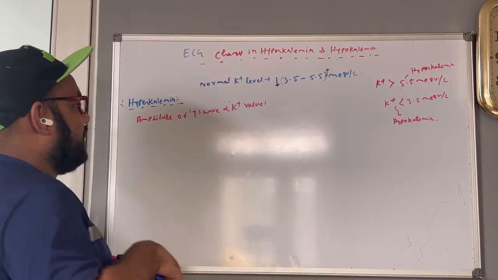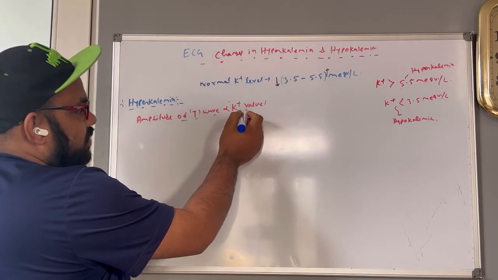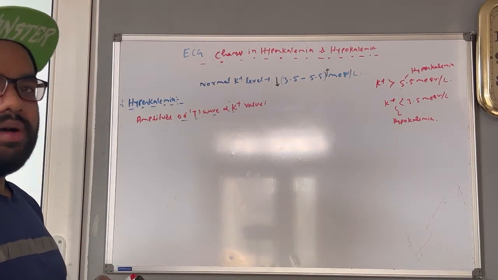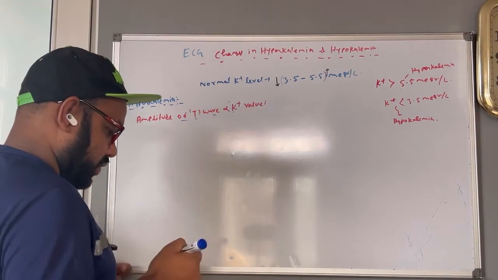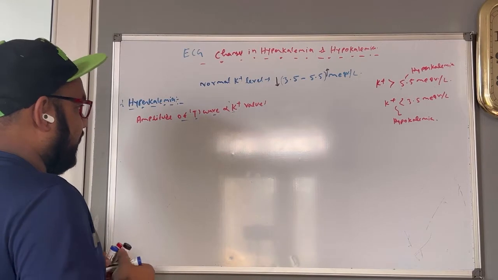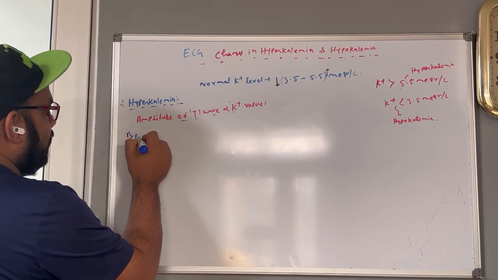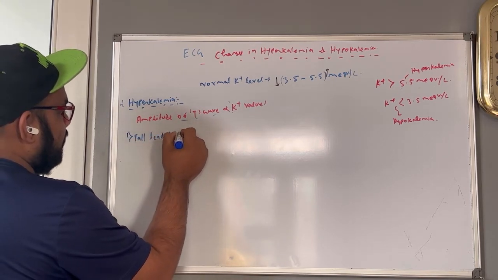As the amplitude of the T wave is directly proportionate to the potassium value, in these cases we will get the tall T wave, or rather a tall tented T wave. The first thing we will get within the ECG is a tall tented T wave.